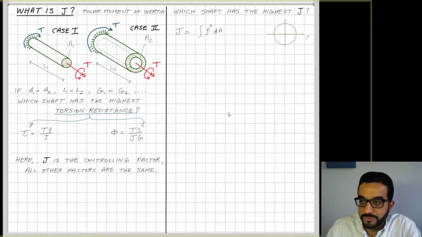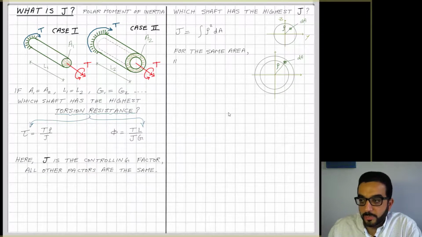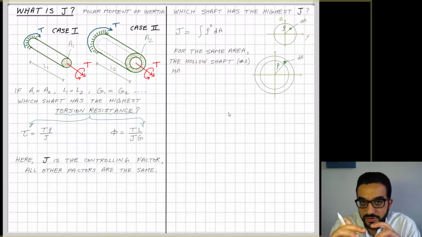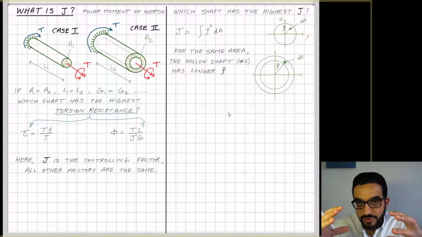So let's go to the basics of J, which is the polar moment of inertia. It's the rho distance, the radius from the origin to any small dA, and you do the integration. If you look at the comparison between the solid shaft and the hollow shaft, you can see that for the same magnitude of area, rho gets bigger, because with the hole inside the middle of the cross section, to keep the same area, you have to keep a lot of the meat of the section away from the center or the centroid.